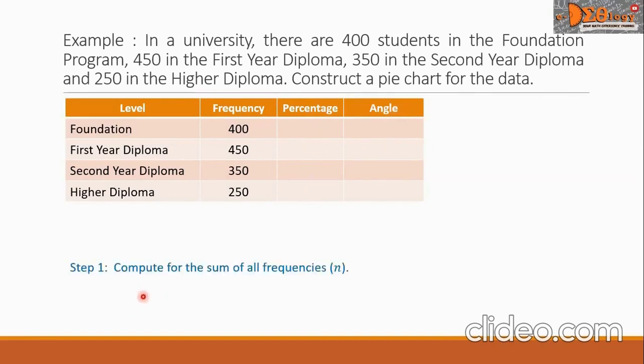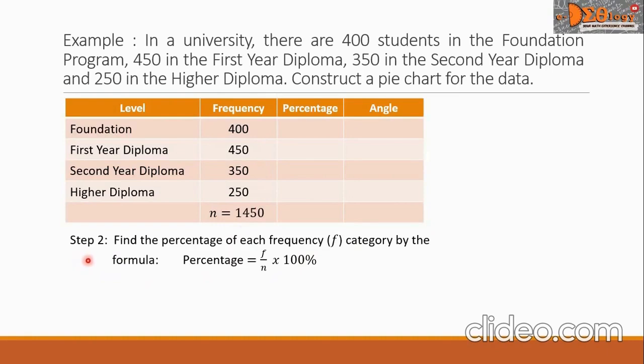Let's go now to step 1, and that is to compute for the sum of all frequencies. Taking the summation of this column, we will have n equals 1450. Step 2, find the percentage of each frequency category by the formula percentage equals f over n times 100%.